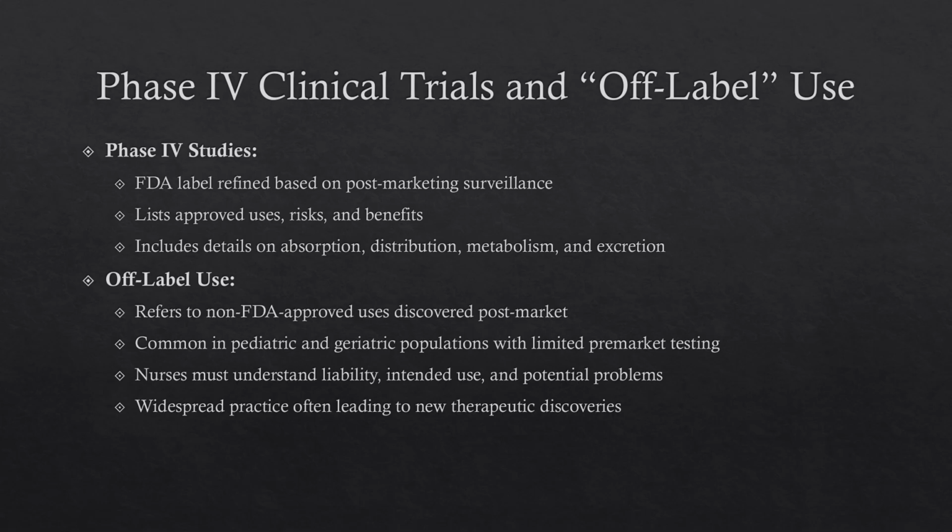And widespread practice, often leading to new therapeutic discoveries. So a lot of times if this is being done and they're prescribed for a long term and we see good benefits, they may potentially go from off-label use to an on-label use for that medication.